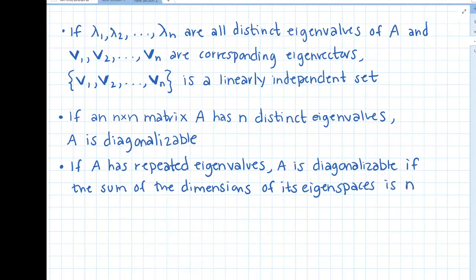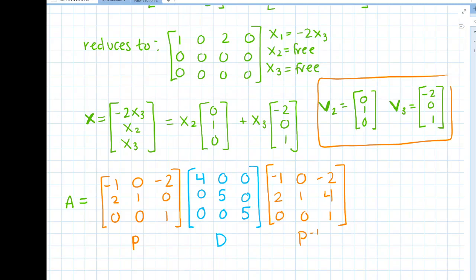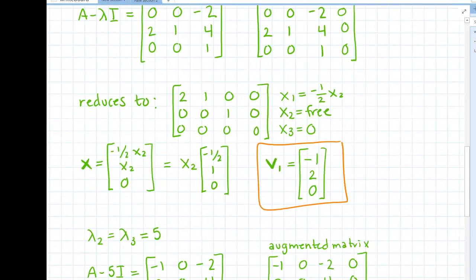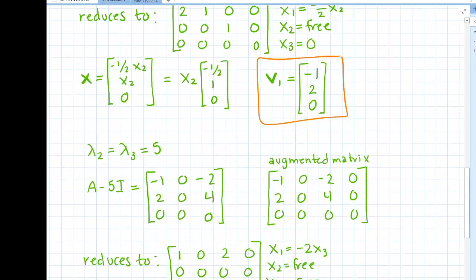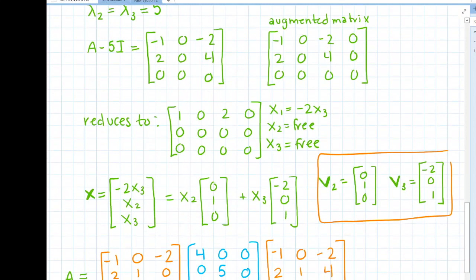Again, I really think that's a fancy way of saying something we pretty much already know. Just to show you an example, like the example that we did earlier, for lambda equals 4, we had an eigenspace with dimension 1 because the basis for it was only one vector. And when we did lambda equals 5, we found that the eigenspace was the span of 2 eigenvectors, so the dimension was 2.